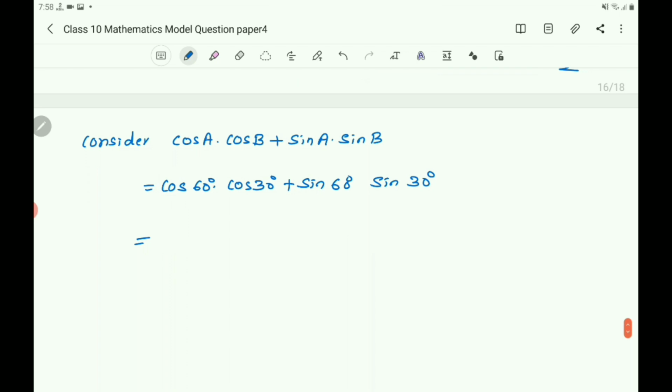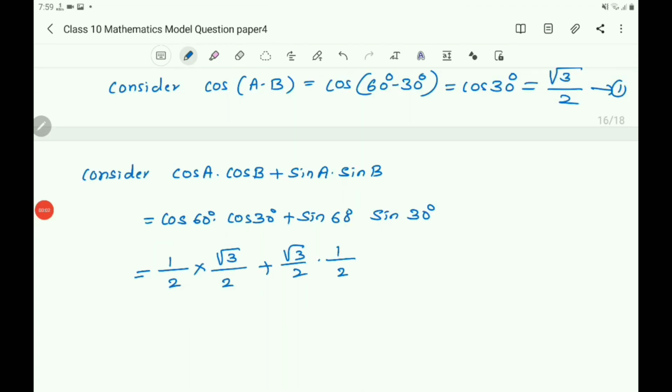Then that equals, what is the value of cos 60? Cos 60 is 1 by 2, and cos 30 is root 3 by 2, plus sin 60 is root 3 by 2 into sin 30 is 1 by 2.